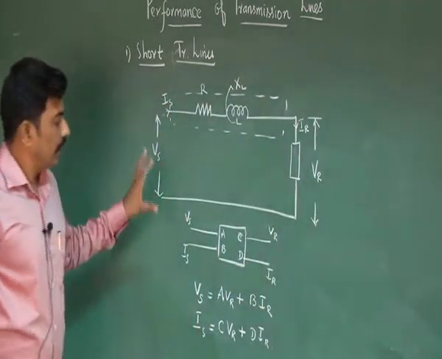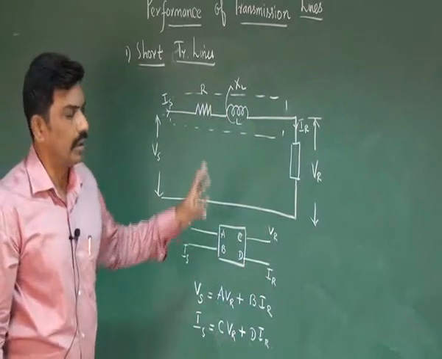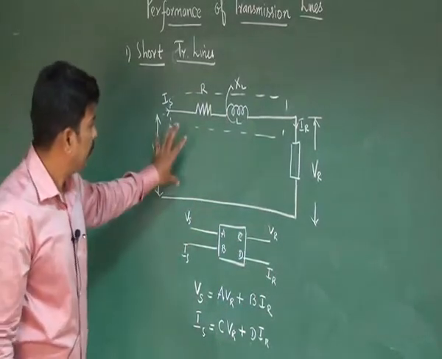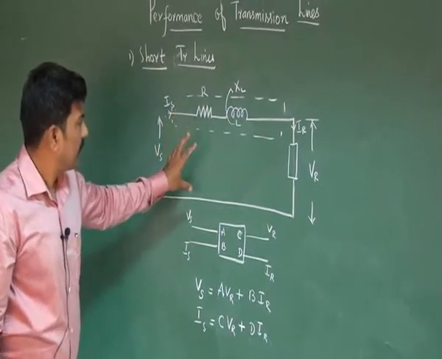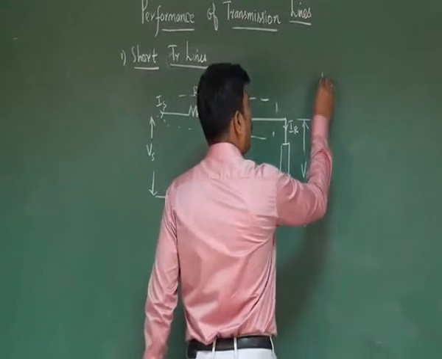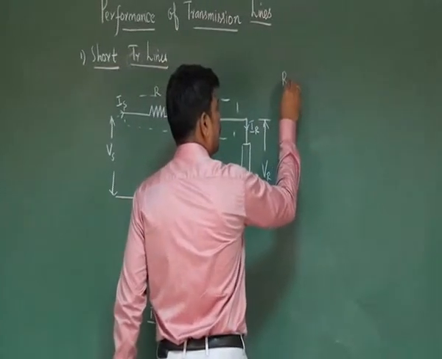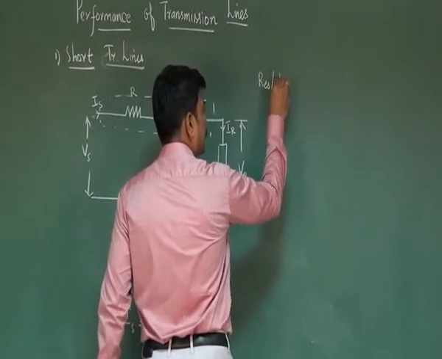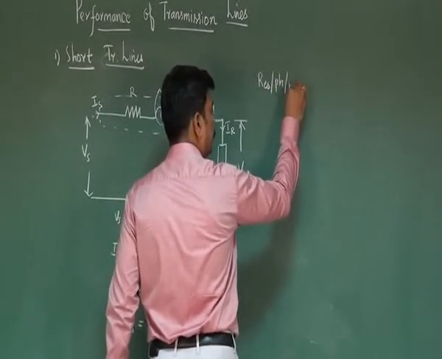So before carrying out this analysis, these calculations, these derivations, let me explain what R and L are again. Let me put it as R, the resistance per phase per kilometer.